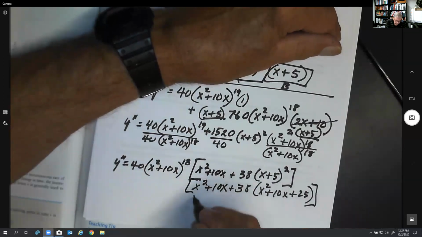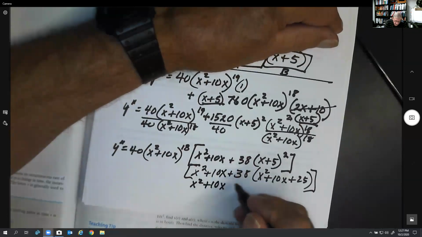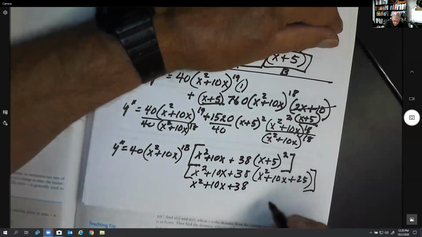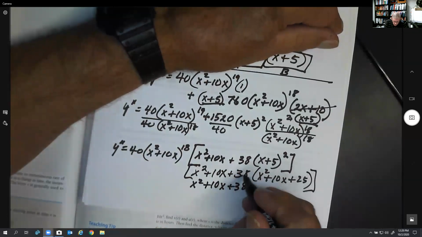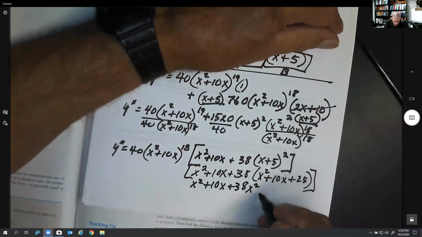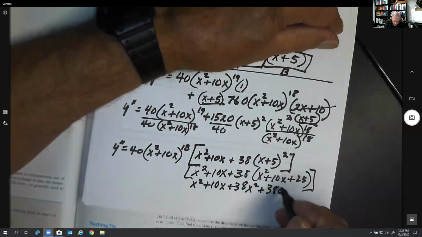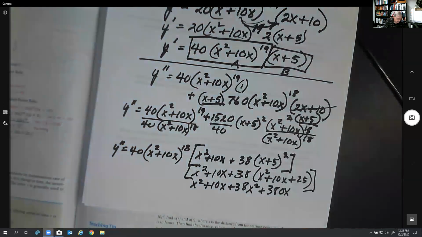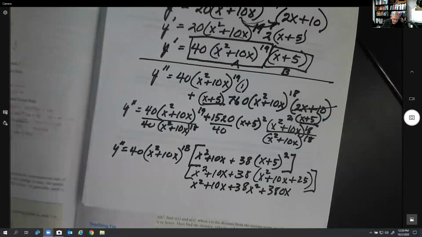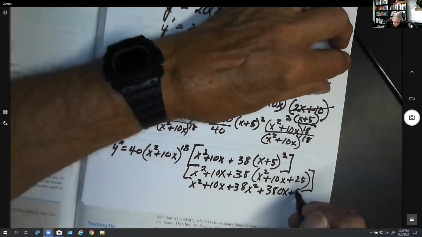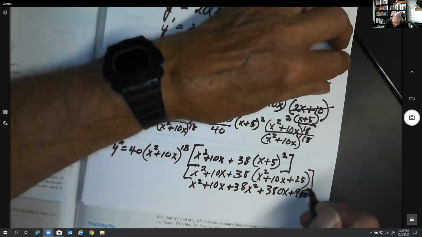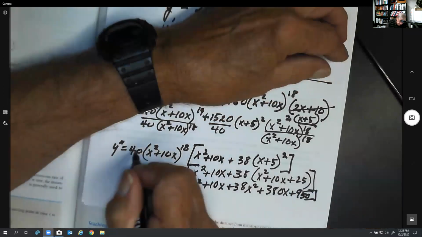Then I'm going to distribute that out. So I'm multiplying the 38 times the x squared plus 380x plus 38 times 25, 950. What a mess, huh?